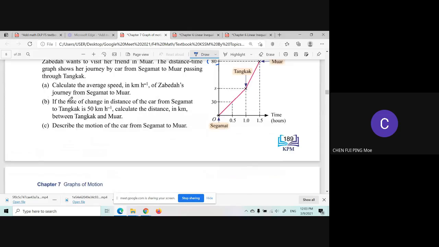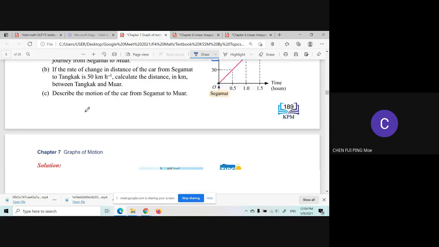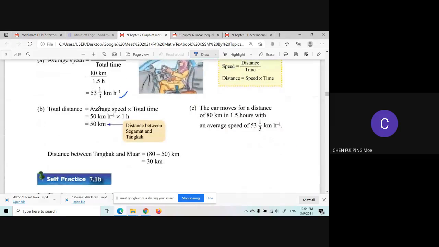And then question B, the rate of change in distance of the car from Segamat to Tangkak is 50 km per hour. Calculate the distance in km between Tangkak and Muar. So need to calculate this. Just use the formula of gradient.